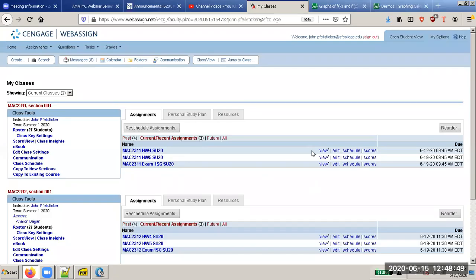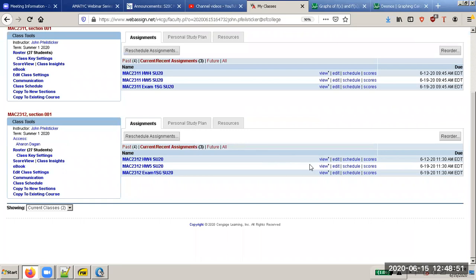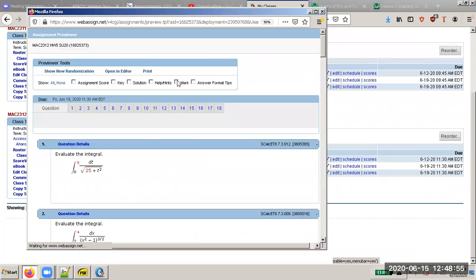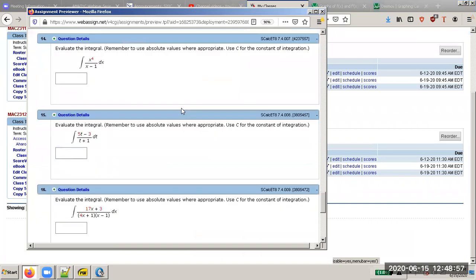All right, let's take a look. Gustavo wants to see number 14 from the homework. I assume that's homework 5, the more recent one. So let's pop that up. All right, x to the 4 over x minus 1.